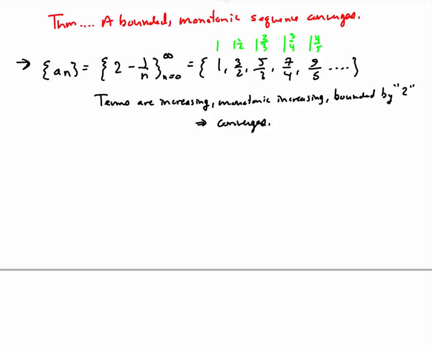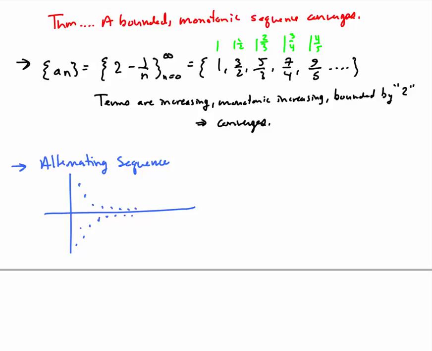Now we can also have an alternating sequence or an alternating list of terms. Now a lot of times when we talk about the alternating sequence, a trig function is involved, like sine or cosine, because we know as we move through the quadrants, sine and cosine change whether they're positive or negative. So we could have an alternating sequence, and this one probably wouldn't be based on a trig function because it goes every other one. But we can see that it's going above and below, positive, negative, and it's getting closer and closer to a particular value.